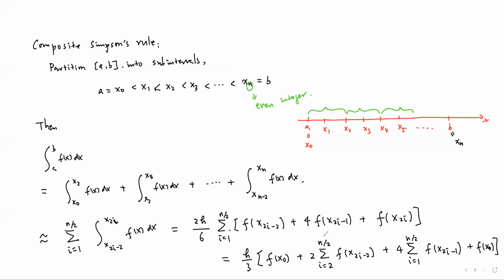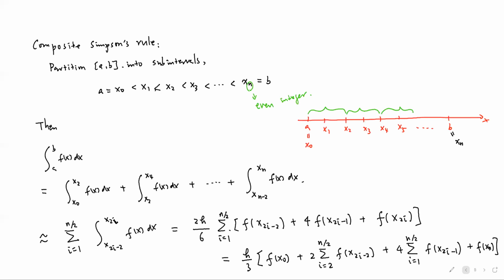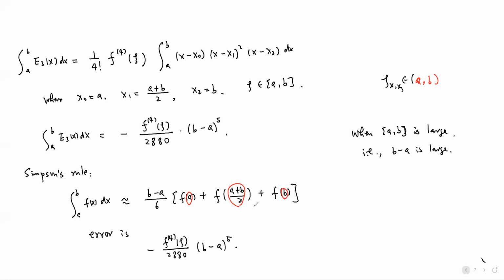Then how about the error? Okay, let me determine the error. The error of the composite Simpson's rule is summation i from 1 to n over 2 of the negative error term. Yeah, there is a negative.